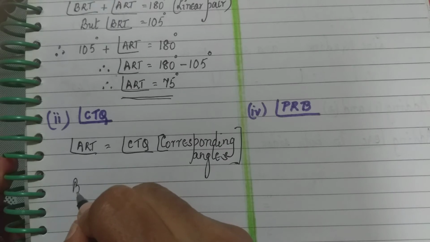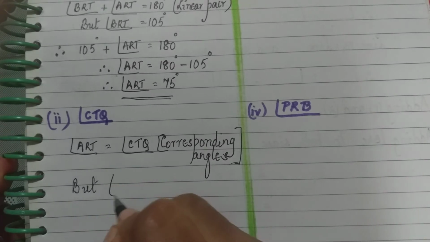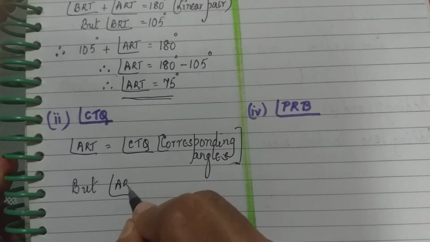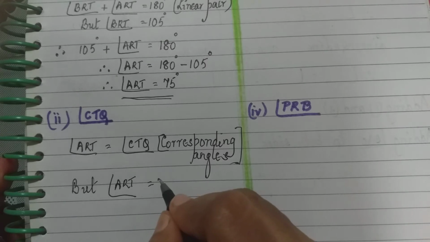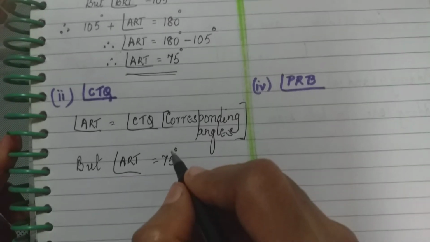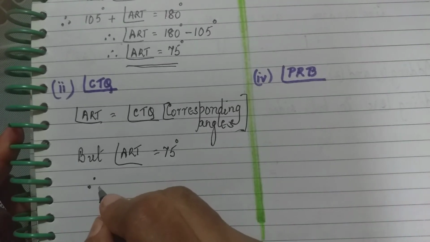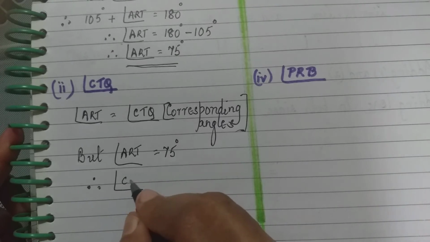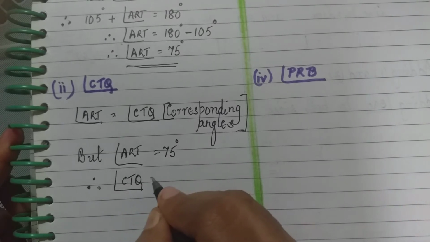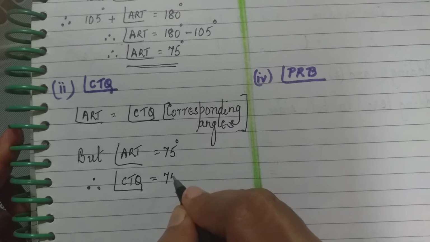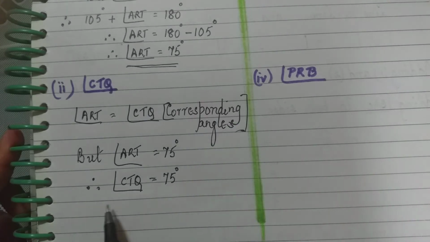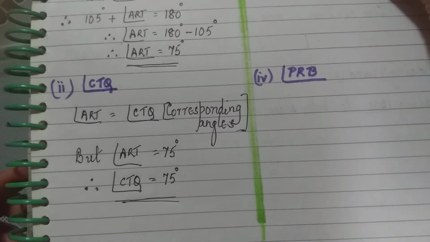It is 75 degrees. Therefore, angle CTQ also is equal to 75 degrees because corresponding angles are of equal measure.